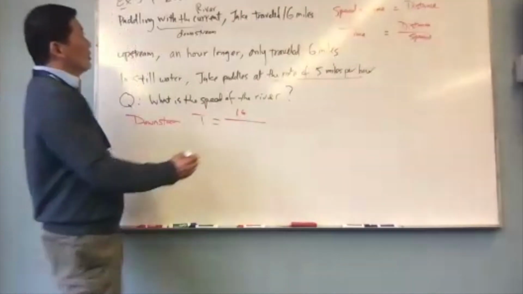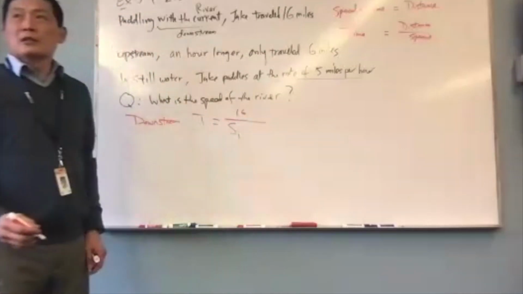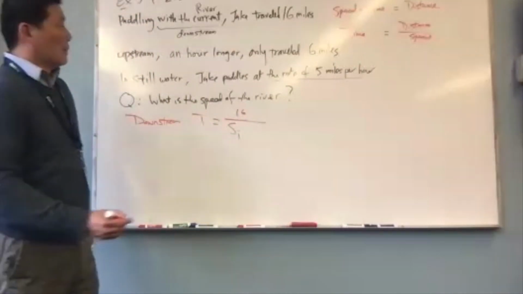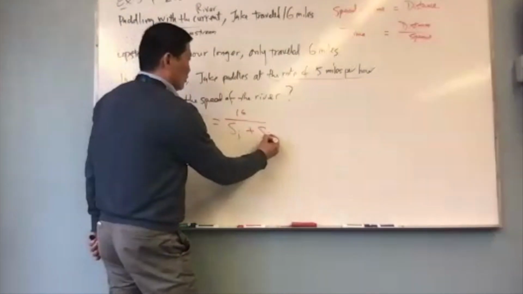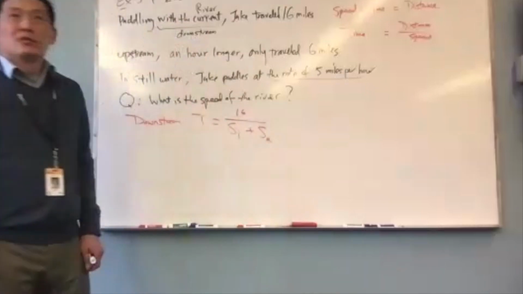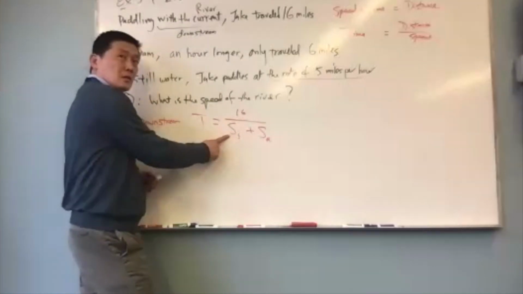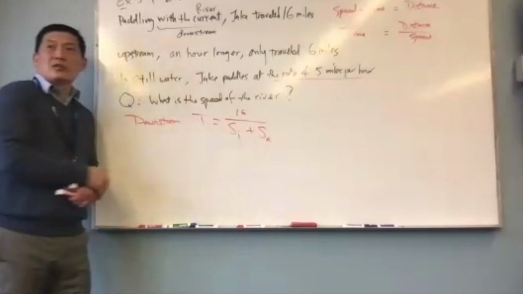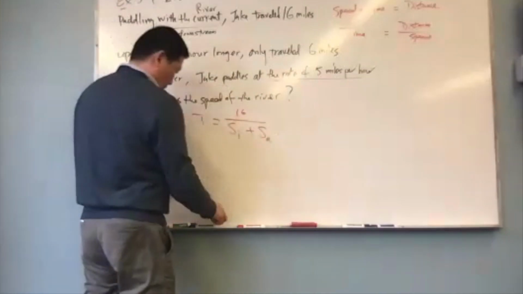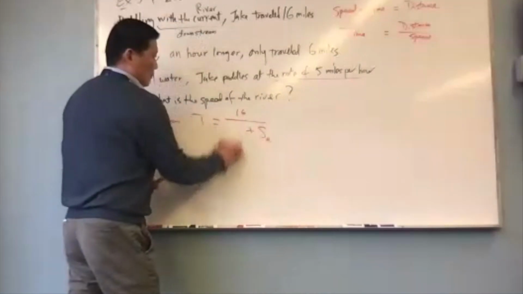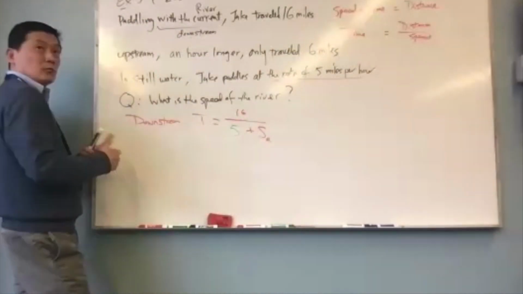Speed is the speed that Jake is paddling normally, and because downstream, you're helped by the speed of the river. Now, what do we know about Jake's speed? What's Jake's speed of paddling? Yeah, 5, right? In still water, 5. So I can replace this by 5.